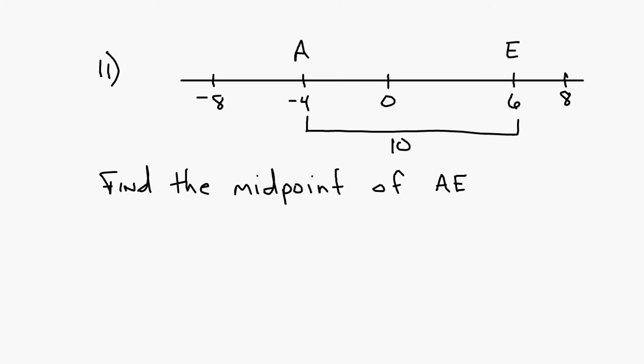So what's 5 away from A and 5 away from E? Yeah, 1 right there. Okay? This point is the midpoint, and it has a letter on it, I think it might be C. But that's what they're asking: find the middle of 2 points when the points are on either side of 0.